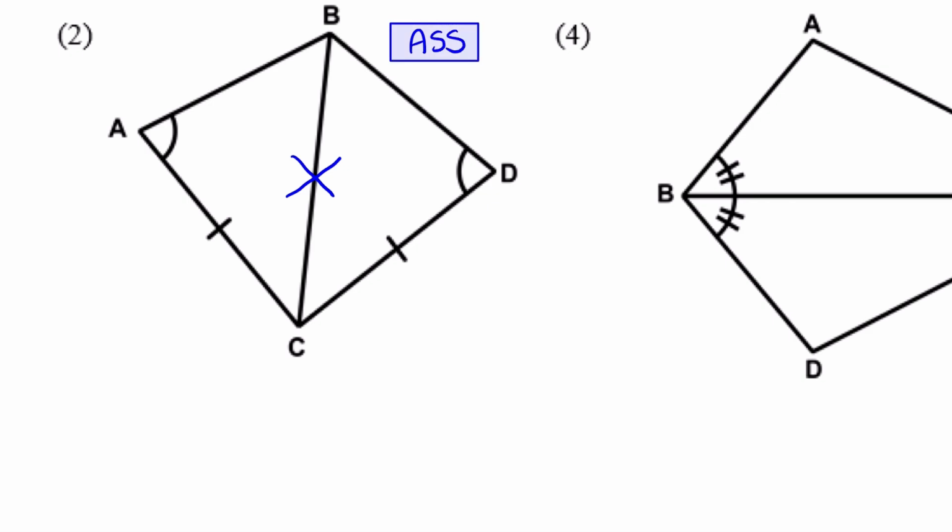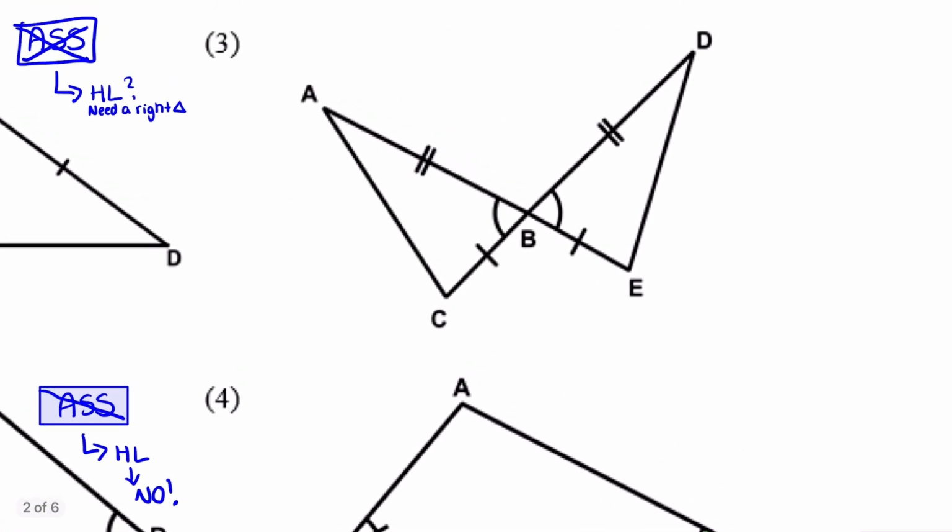So then you have to think to yourself, all right, if I can't use angle side side, is it HL? And the answer is no. And why not? Because this is not a right triangle. So I think that this may be my answer. I think that this may not be enough information. But like I said, let's check the others just to make sure.